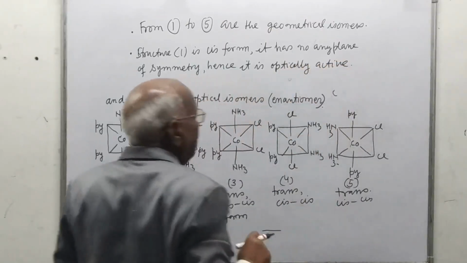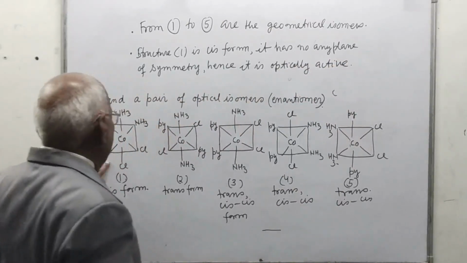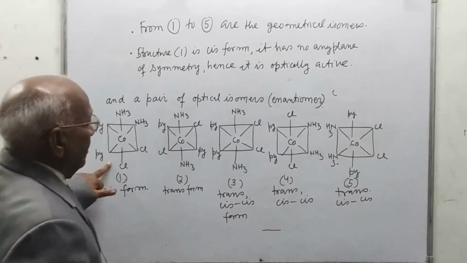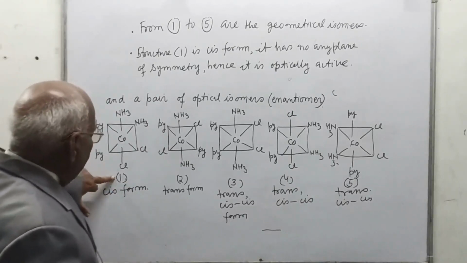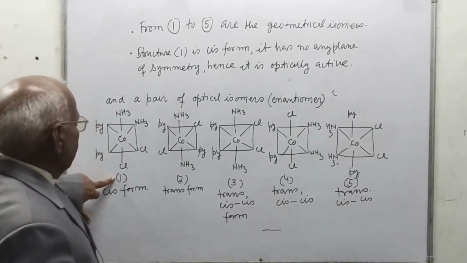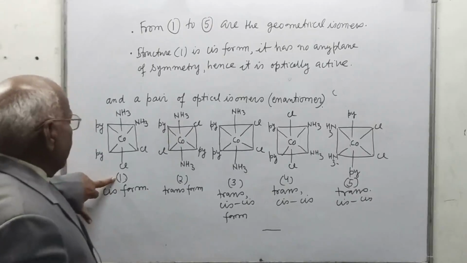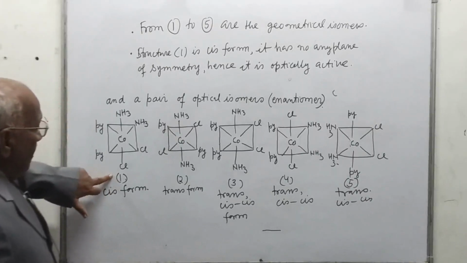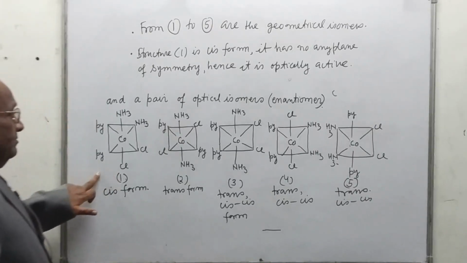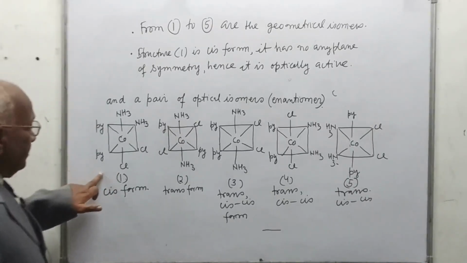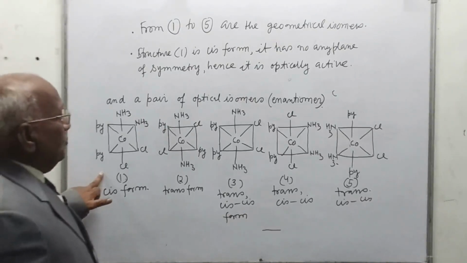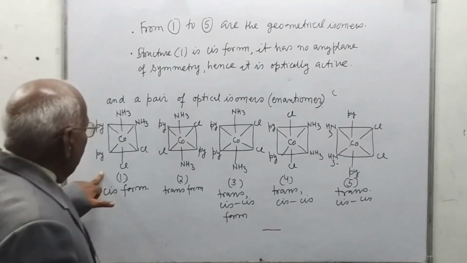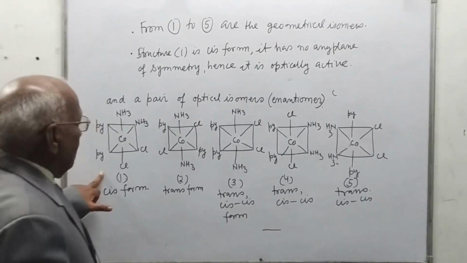And when it is optically active, it would certainly have a non-superimposable mirror image. So the first form is the optically active form. It has no plane of symmetry, hence it is optically active, and it definitely has a non-superimposable mirror image, or a pair of enantiomers.